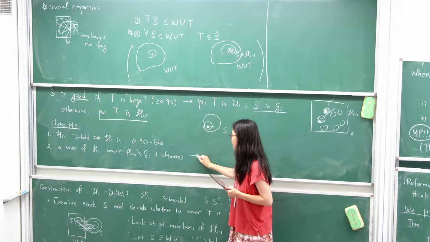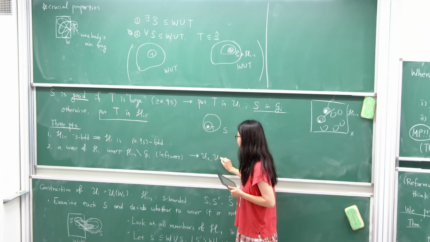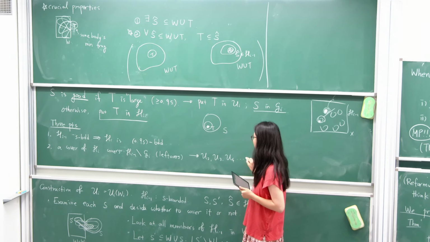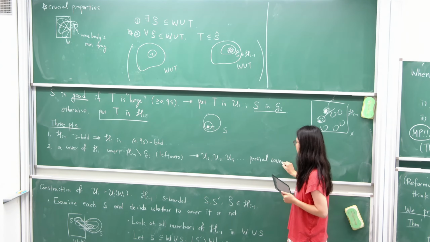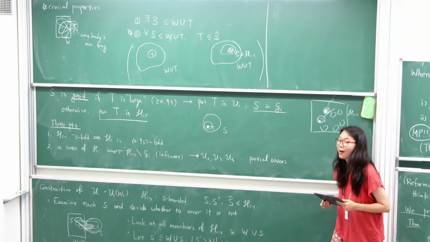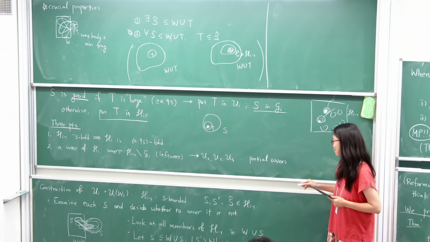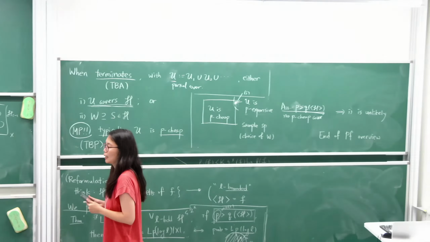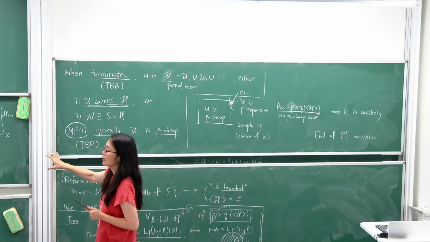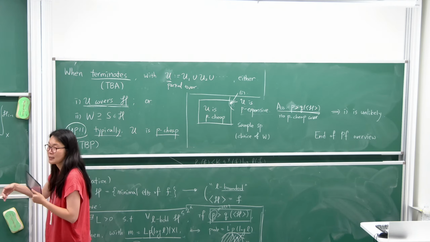So this says that U2, U3, U4, those are all partial covers. So the H_i are the fragments that are uncovered. Yes, so you're shrinking the fragment area. Yes, exactly. And because of 2, we can say that we can iterate this algorithm.